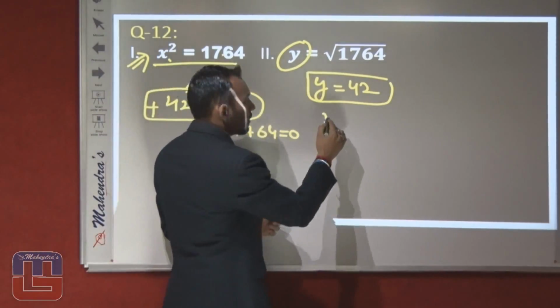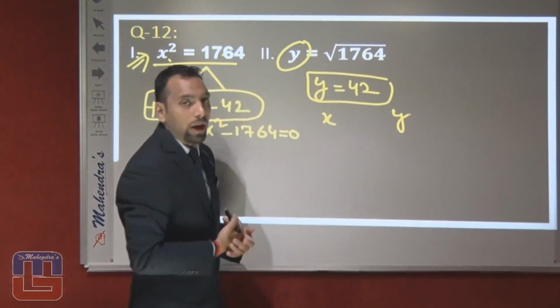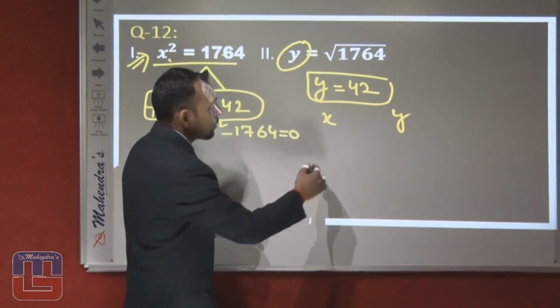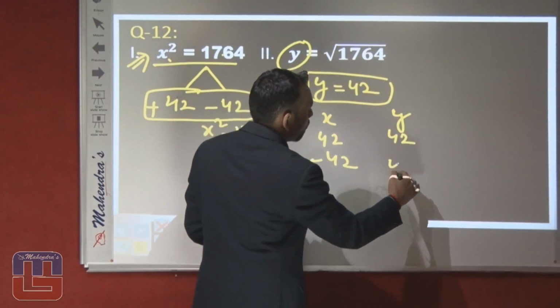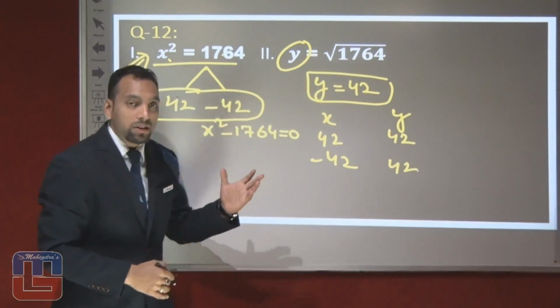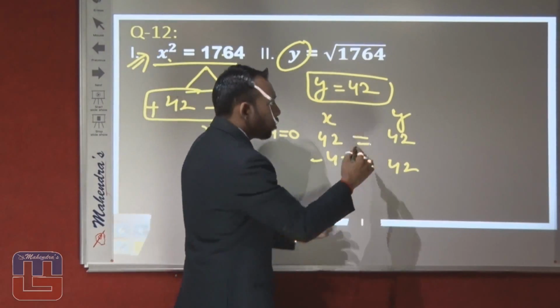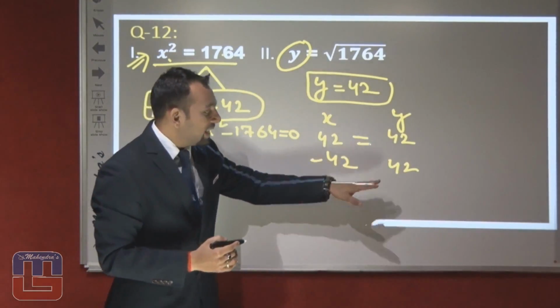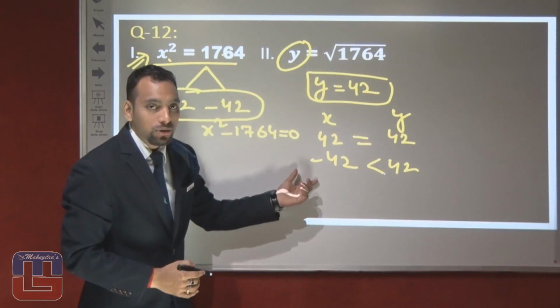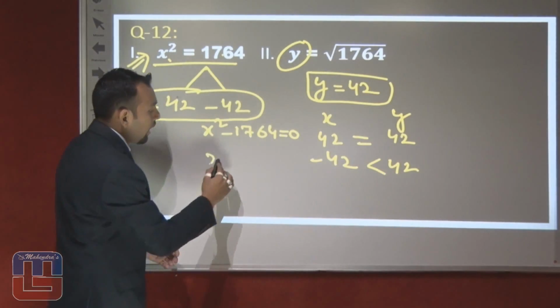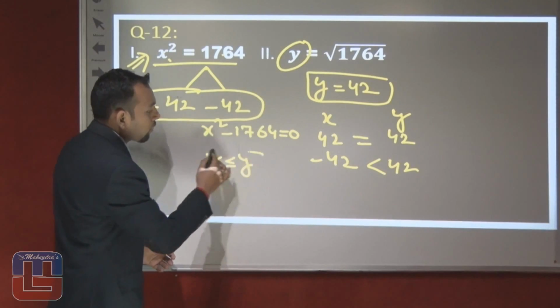Now see, x and this one y. The value of x is 42 and this is minus 42. Keep 42 here, 42 here. Now compare these 2 values. Both values are equal, and in this case y is greater than x. So the conclusion is x less than or equal to y.